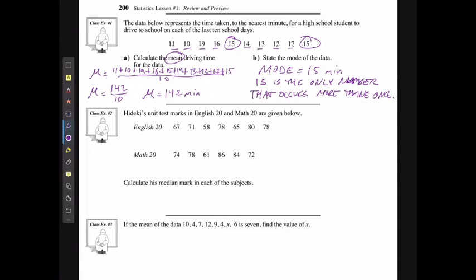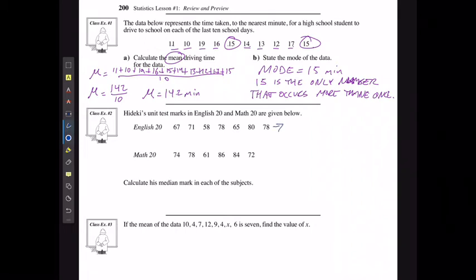Okay, for the second example, Hideki's unit test marks in English 20 and Math 20 are given below. For English 20, you got a 67, a 71, 58, 78, 65, 80, and 78. In Math, he got a 74, a 78, a 61, an 86, an 84, and a 72. Well, if we want to calculate his median mark, then the first thing we have to do is rearrange all these numbers into numerical order.